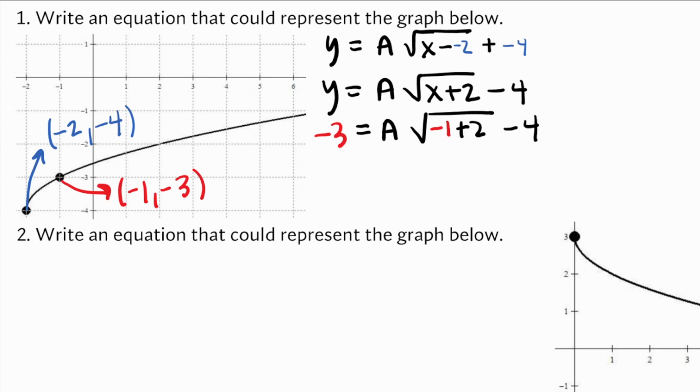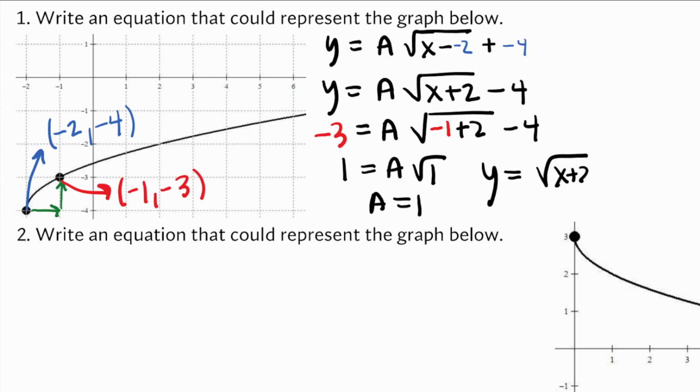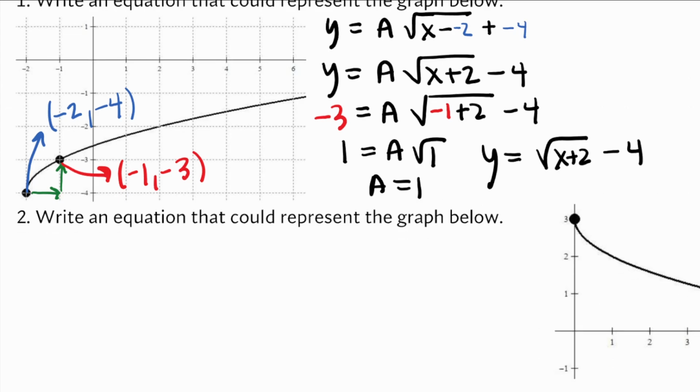And maybe, if you're sitting there saying like, dude, it went over 1, up 1, so a is going to be 1, then great. Wonderful. Good for you. Okay, if you're not seeing why that's the case, then just solve it out for a, and you'll see that a is going to be +1. Add 4 to both sides, get 1 equals a times the square root of 1. Okay, a equals 1, and so y equals the square root of x plus 2 minus 4.